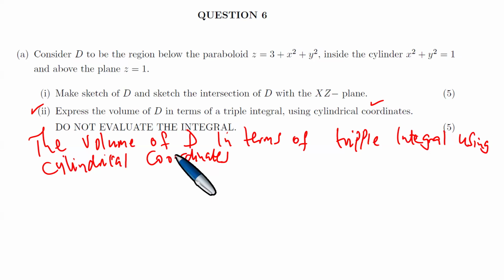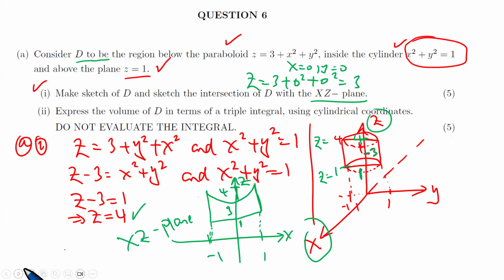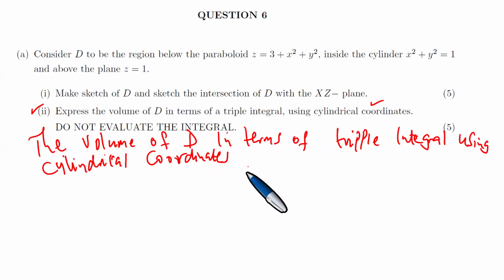So the volume of D using cylindrical coordinates, we've already seen that the radius is, for instance here in the XY plane, from 0 to 1. So R is from 0 to 1.